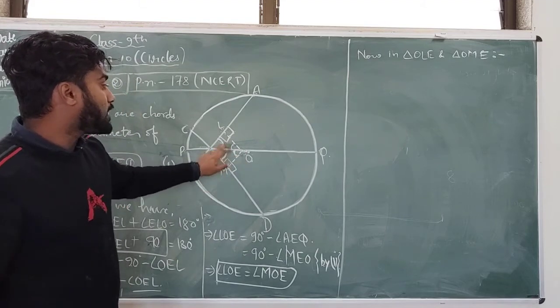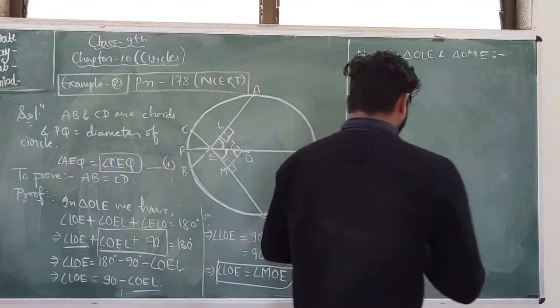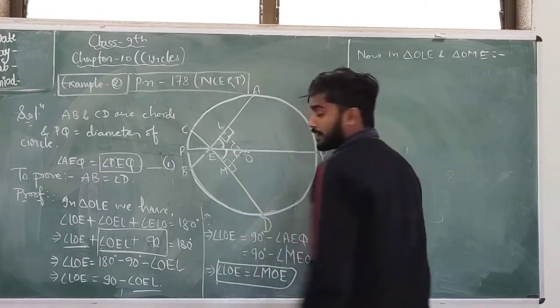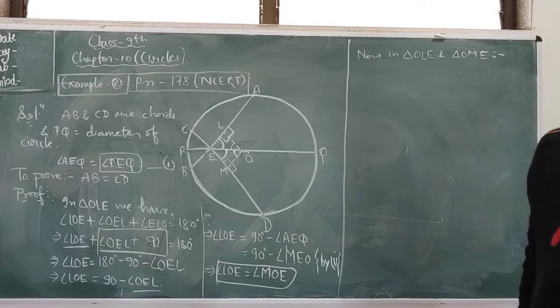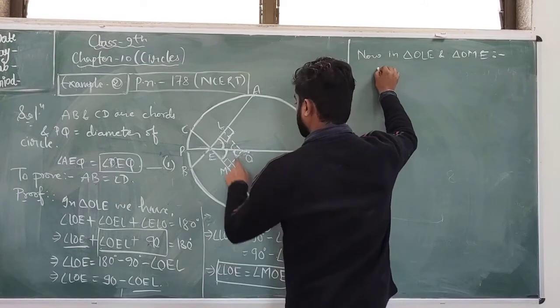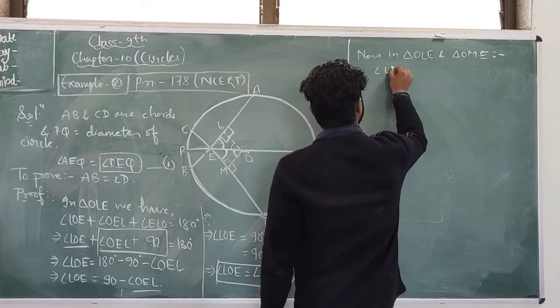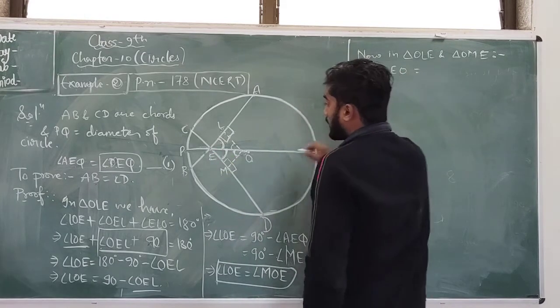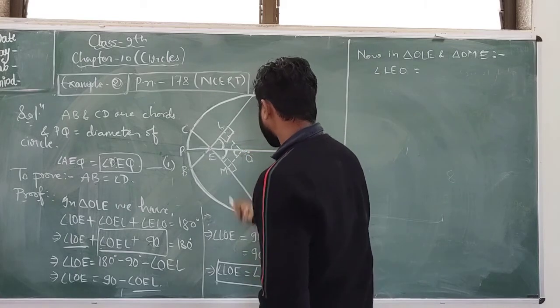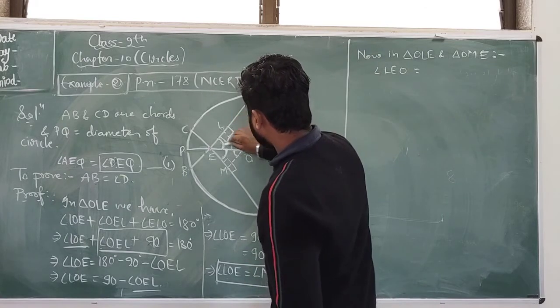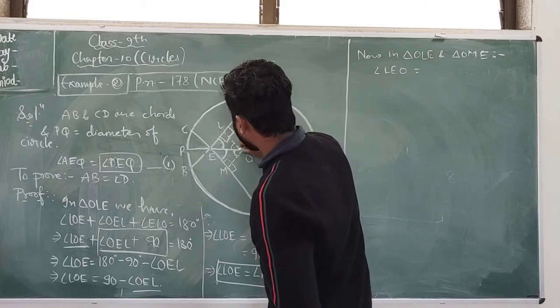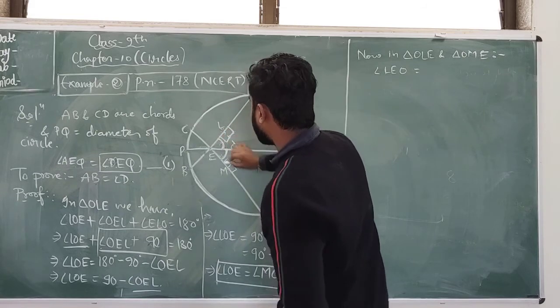These two triangles we are taking, and now we are going to prove that these triangles are congruent. So for this we take angle LEO equal to angle OEM, because these two angles are equal.